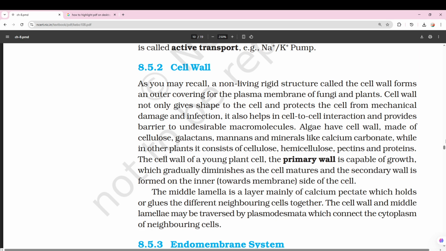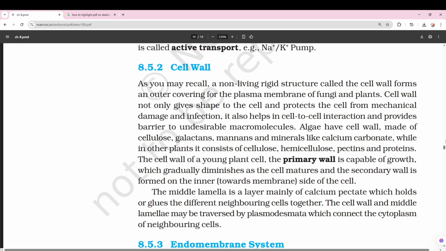The cell wall of a young plant cell, the primary wall, is capable of growth, which gradually diminishes as the cell matures, and the secondary wall is formed on the inner side of the cell towards the membrane.